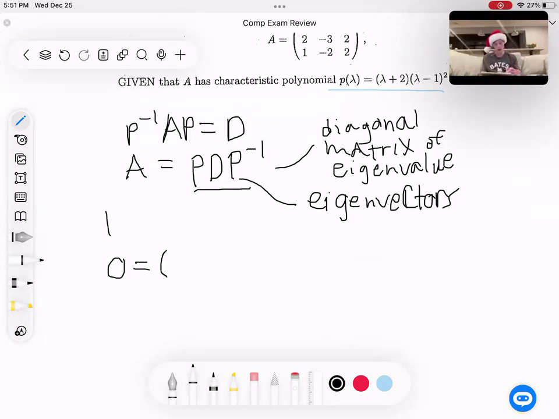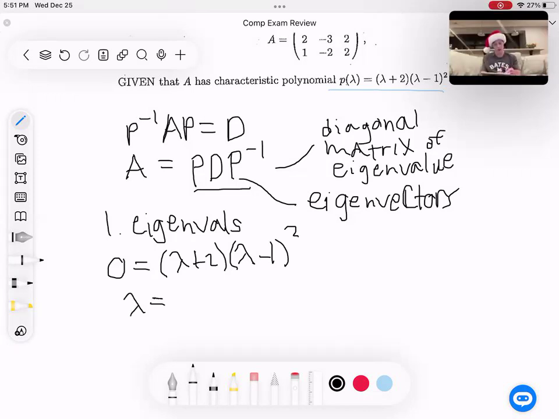So step 1 is eigenvalues. Because it's lambda plus 2 times lambda minus 1 squared, that will give us lambda is equal to -2, 1, and 1, because we're setting it equal to 0.